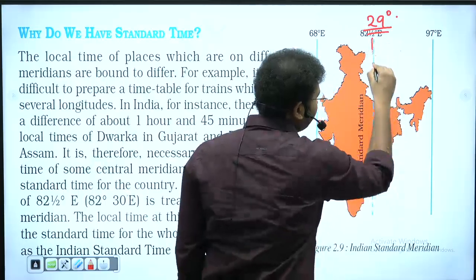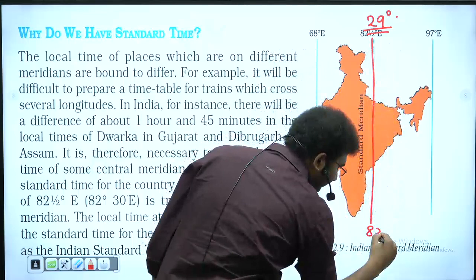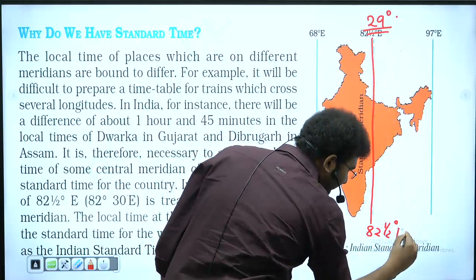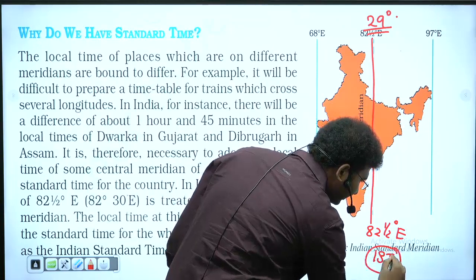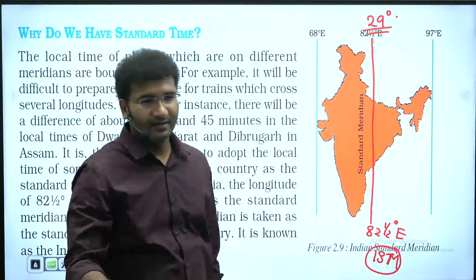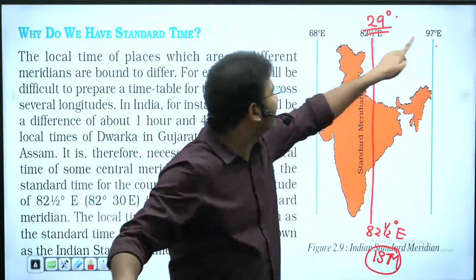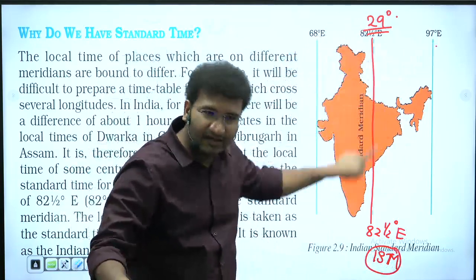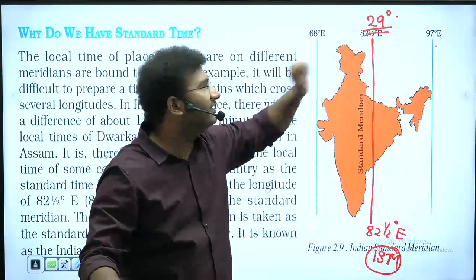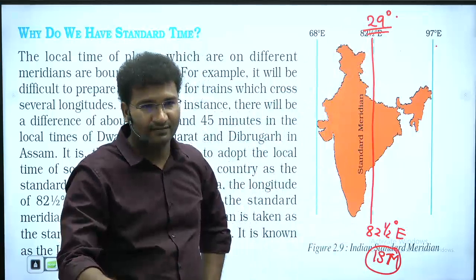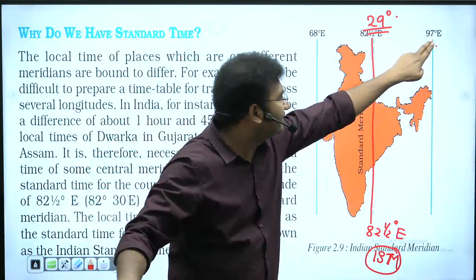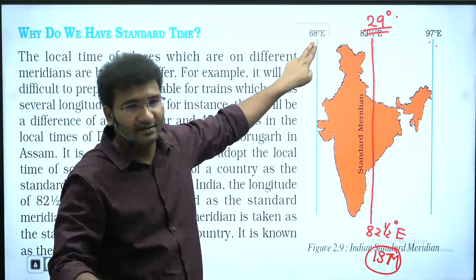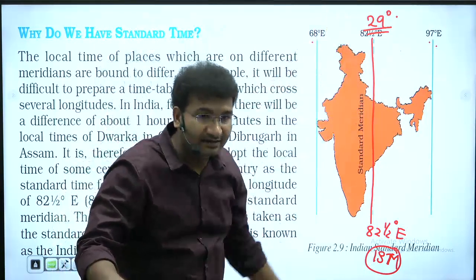And why did we take this 82.5 degrees east line as the Indian standard time or Indian standard meridian line? क्योंकि between 97 and 68, the middle line is 82.5. Between 97 and 68, what is the central line?